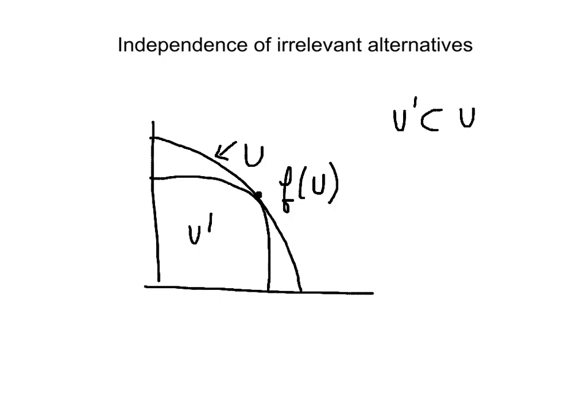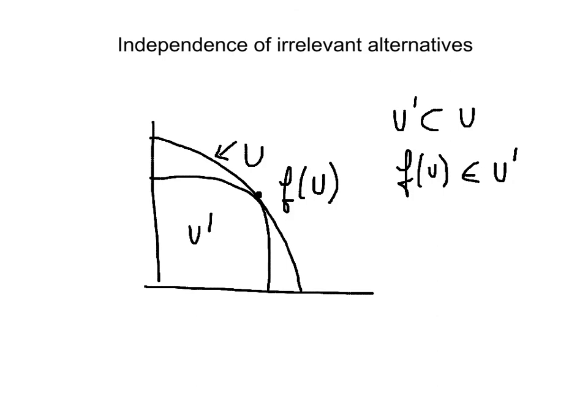Right. And further assume that the original bargaining solution f of U is an element of U prime, right? So it's still achievable in U prime.